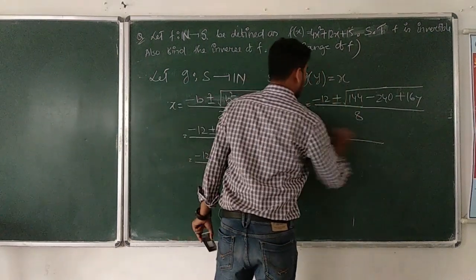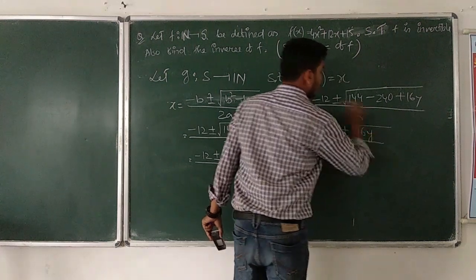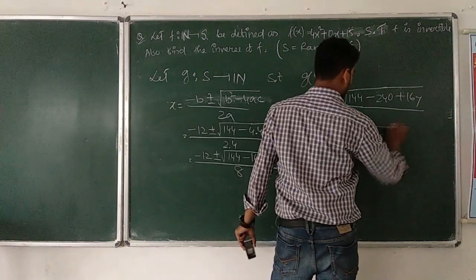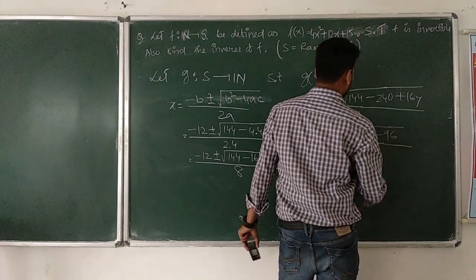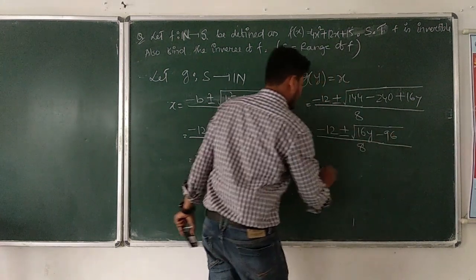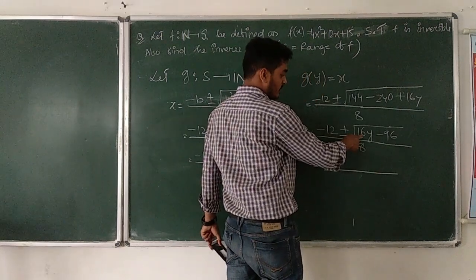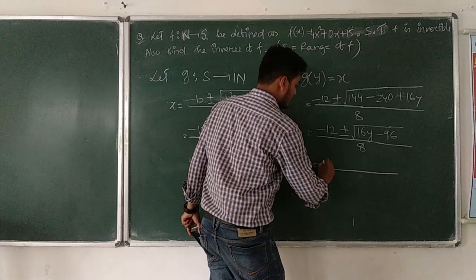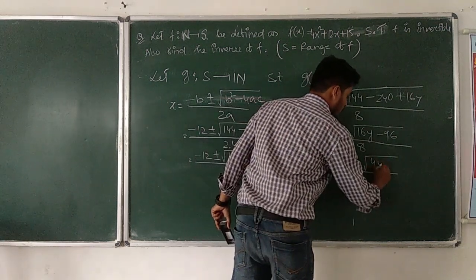So it will be minus 12 plus minus square root of 16y plus 96, divided by 8. So I think now we can simplify. 4 will be common from here: 4 times minus 3 plus minus square root of y plus 6, divided by 8.